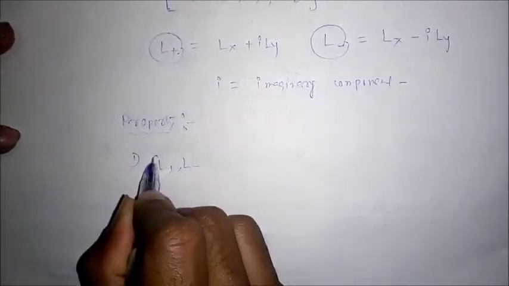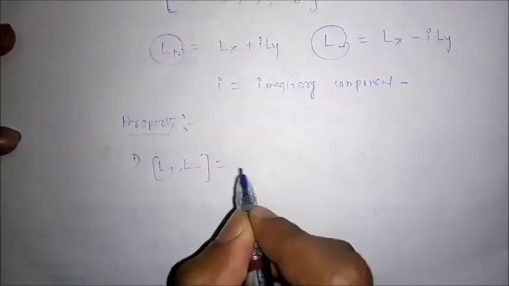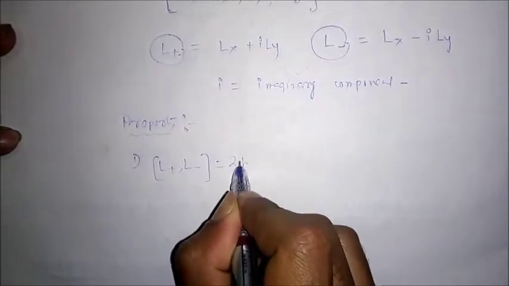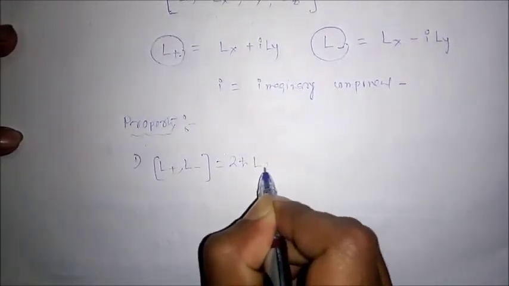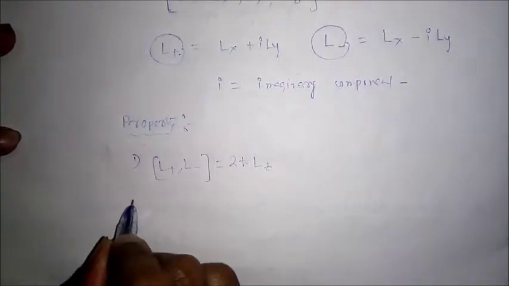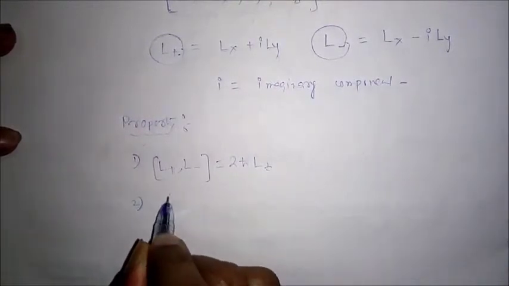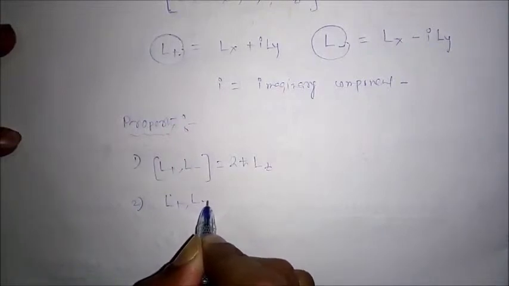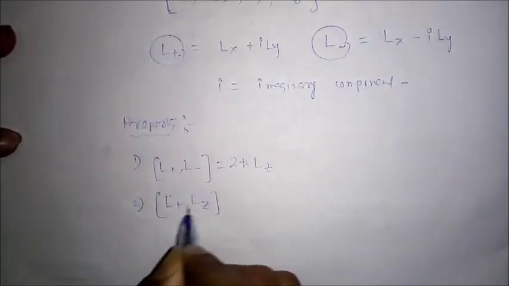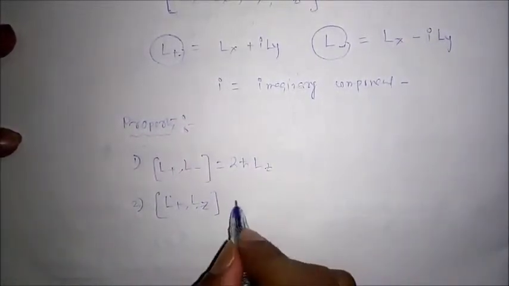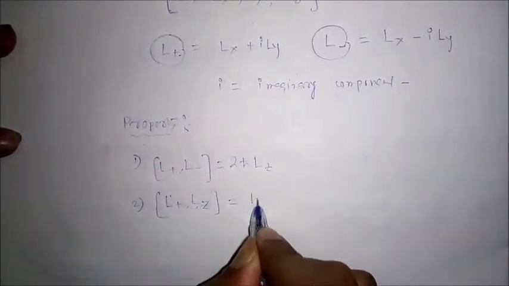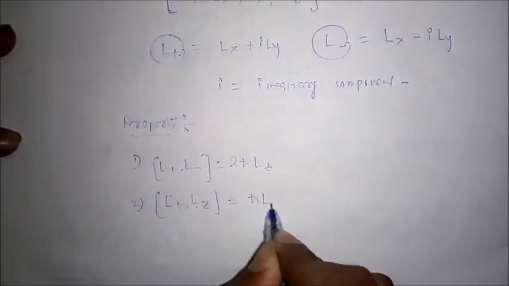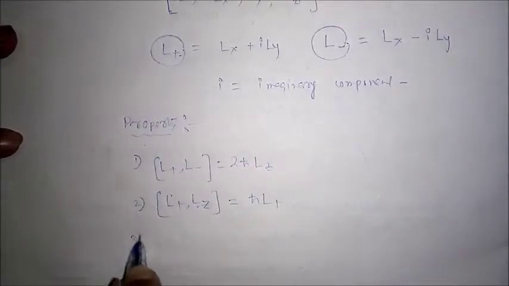The commutator of the two ladder operators is equal to twice ħ Lz. The commutator of the positive ladder operator and Lz, that is the angular momentum z component, is equal to ħ L-plus.